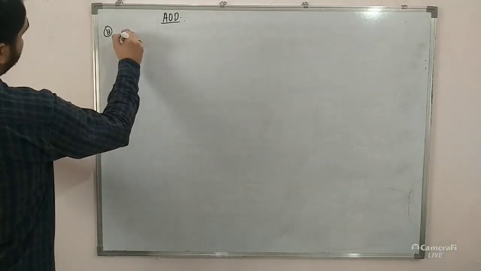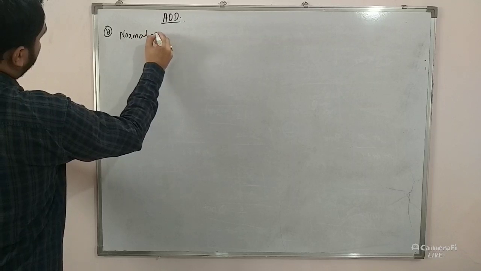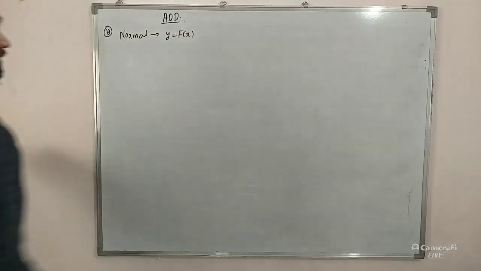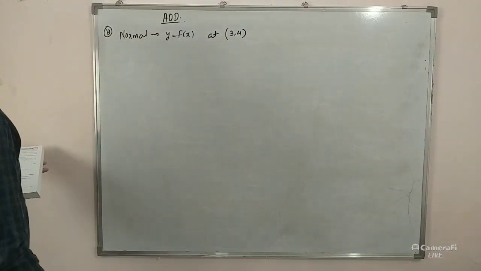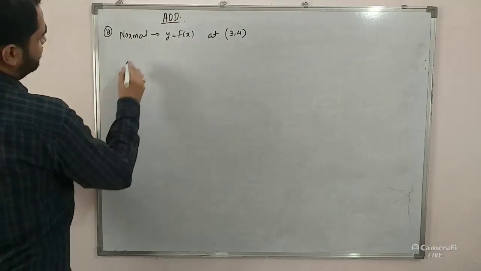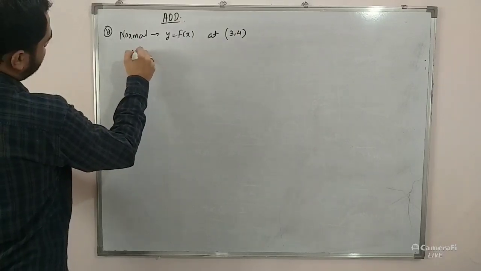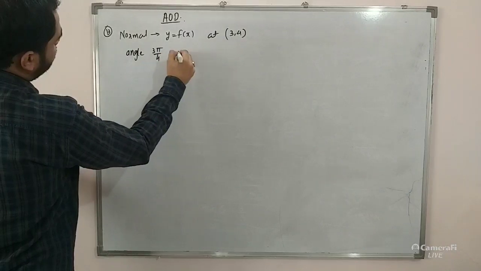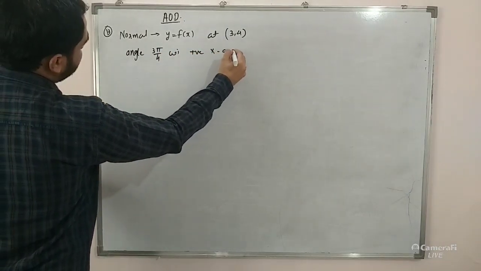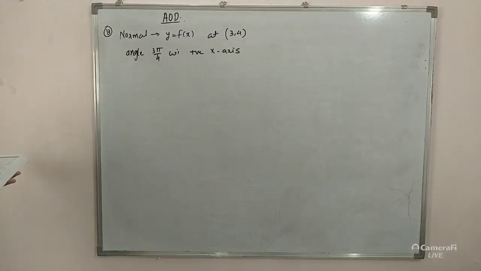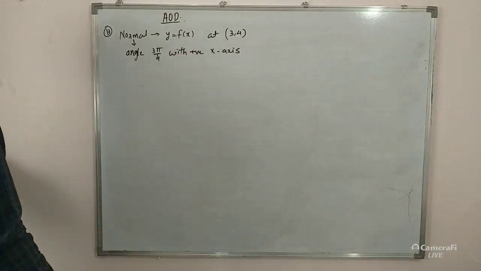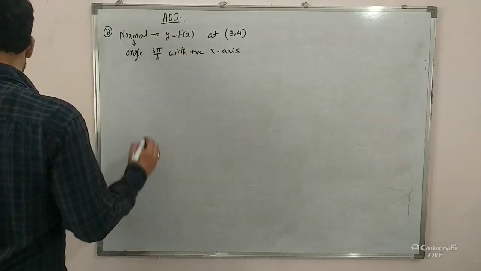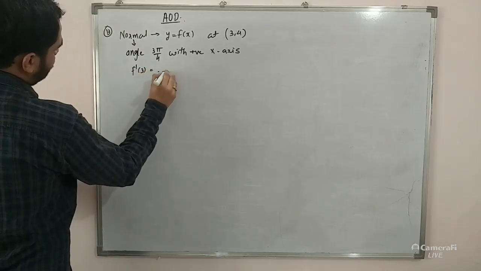If the normal to the curve y = f(x) at the point (3, 4) makes an angle 3π/4 with positive x-axis, so the normal is making an angle 3π/4 with positive x-axis, what is the value of f'(3)? f'(3) is equal to blank.